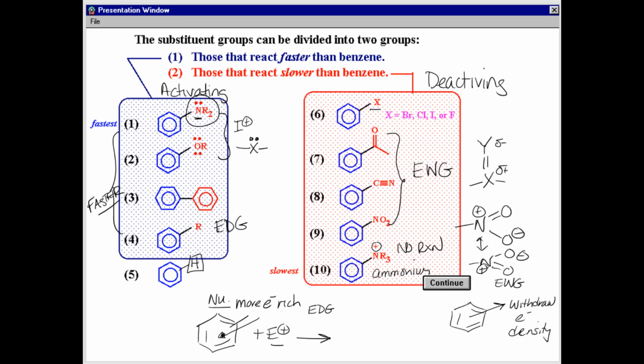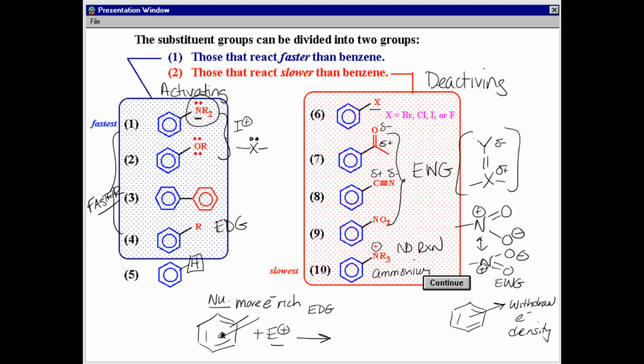So this is going to be a general formula that I'm going to use to explain how these three are more electron withdrawing. Now, in this case, you would say, okay, I get it. A delta plus and a delta minus, a delta plus and a delta minus, and then this nitrogen with a full-blown positive.